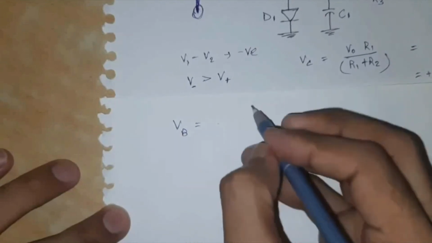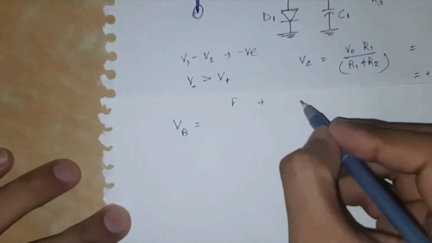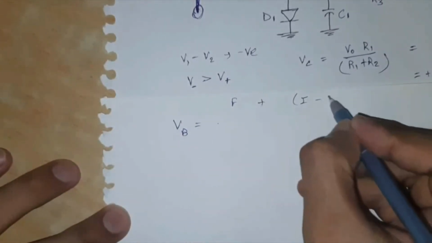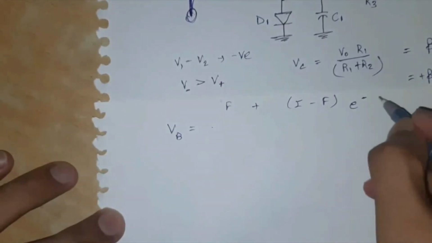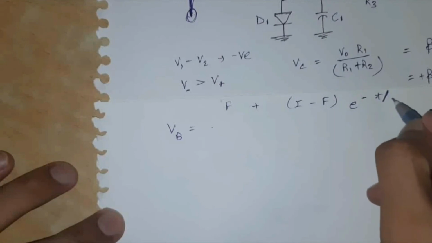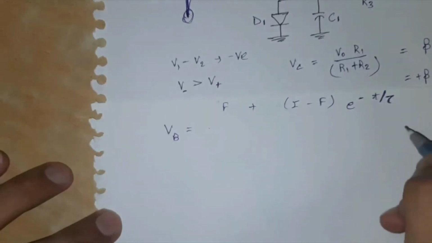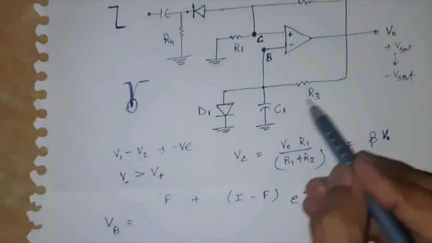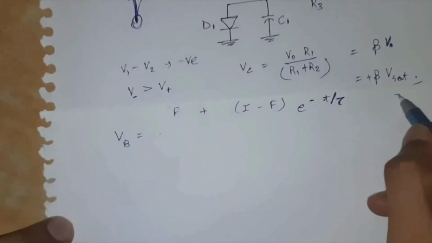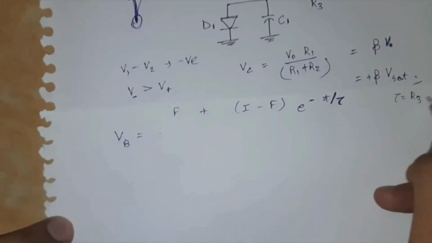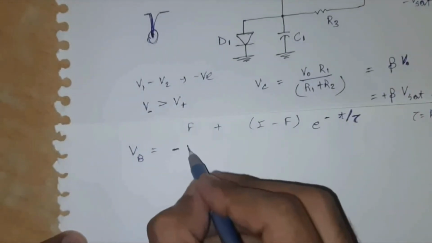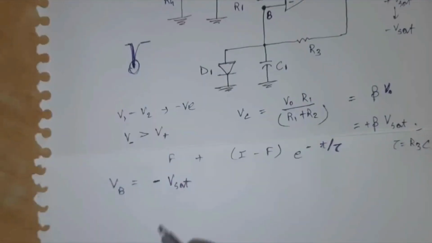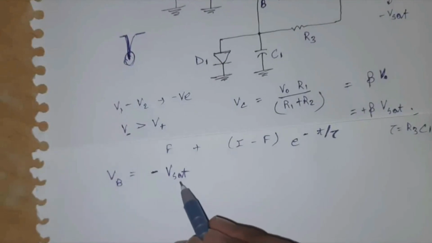VB is equal to, we all know, final value plus initial minus final into e to the power minus t by whatever the time constant is, and here it is R3C1. So tau will be R3C1. Now this final value is minus V sat, because this is the value to which at most it can decrease.